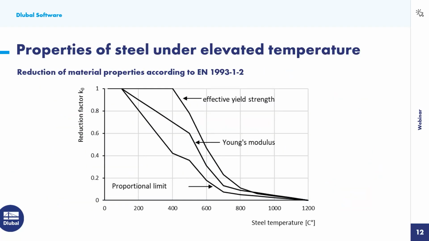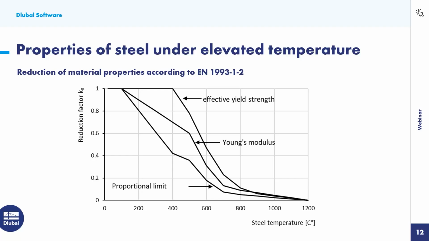According to Eurocode 3 Part 1.2, design-relevant material parameters such as the yield strength and stiffness must be reduced depending on the material temperature, while the yield stress only has to be reduced at temperatures above 400 degrees Celsius, but then quite rapidly, as you can see here. The stiffness already decreases at significantly lower component temperatures.